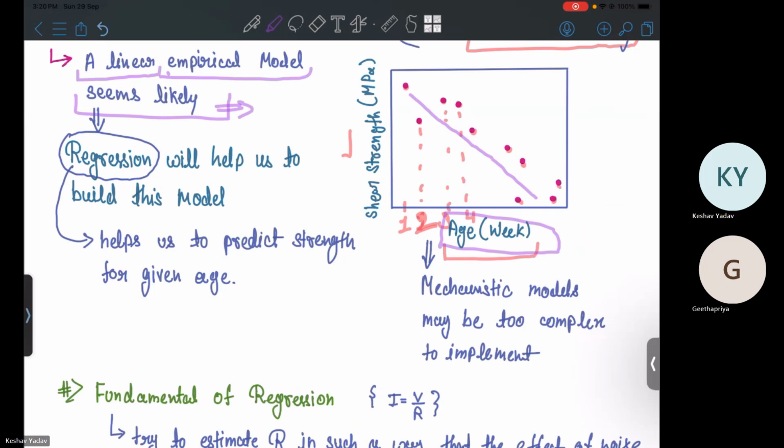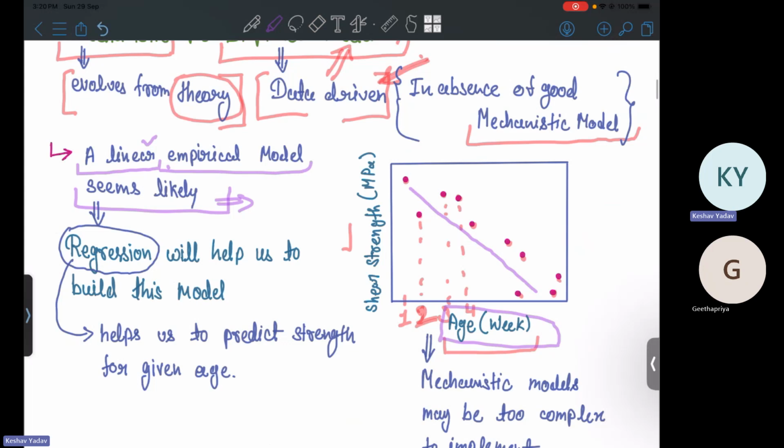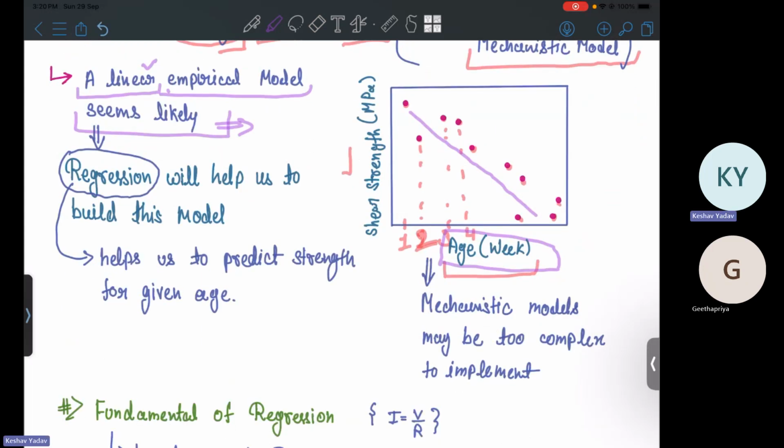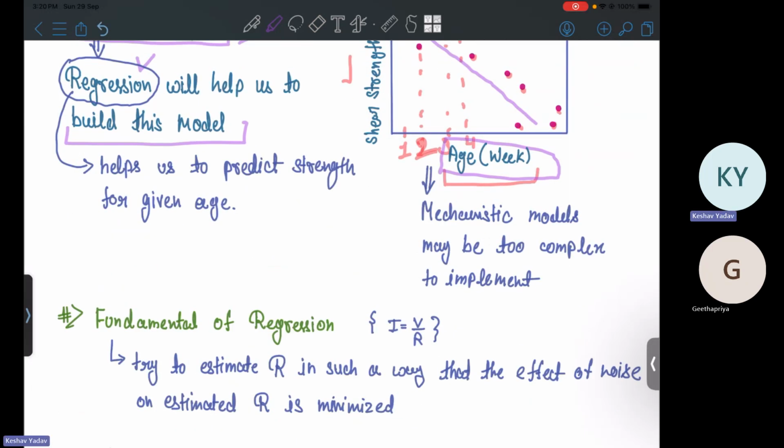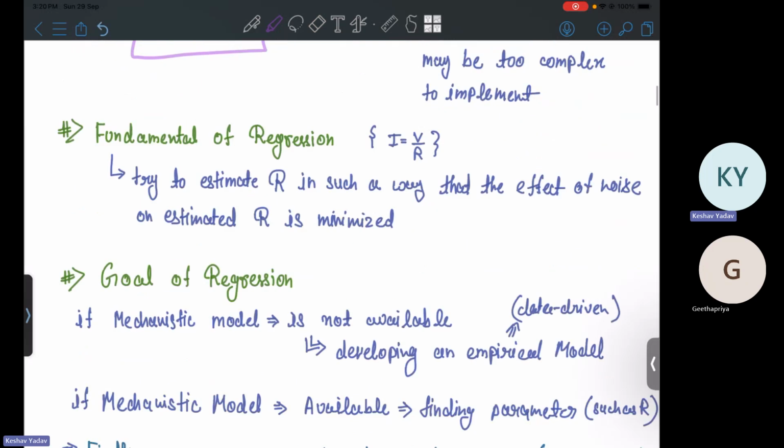Once we have assumed that the linear empirical model seems right, we will use regression to build this model. Once we build the model using regression, we will predict the strength at a given age. Clear?